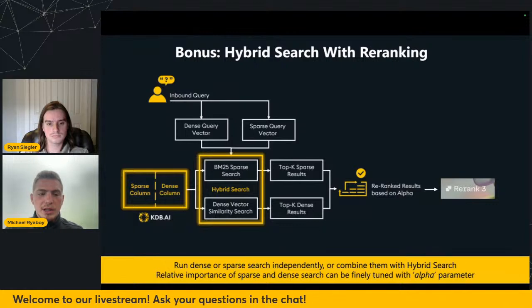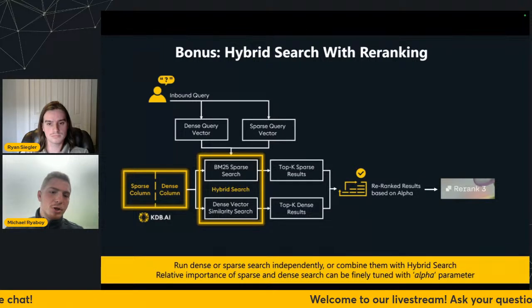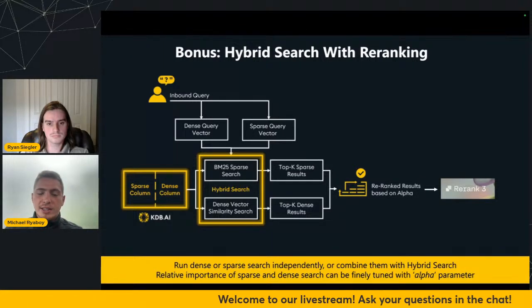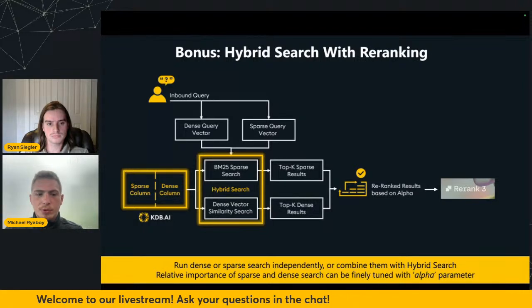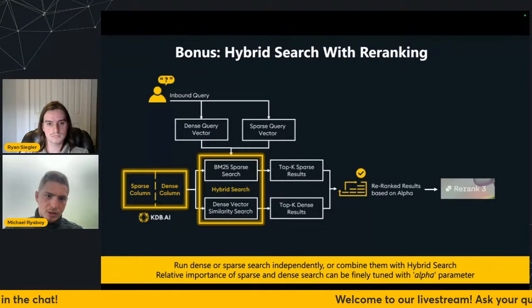And what you're doing is, when you insert your data into your vector database, you're going to insert a dense vector at the same time, and you're going to insert a sparse vector, which you get with an algorithm like BM25. And sorry, I misspoke.